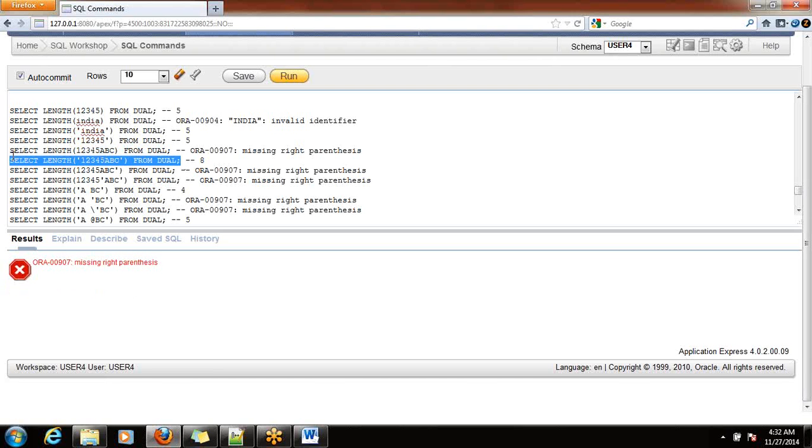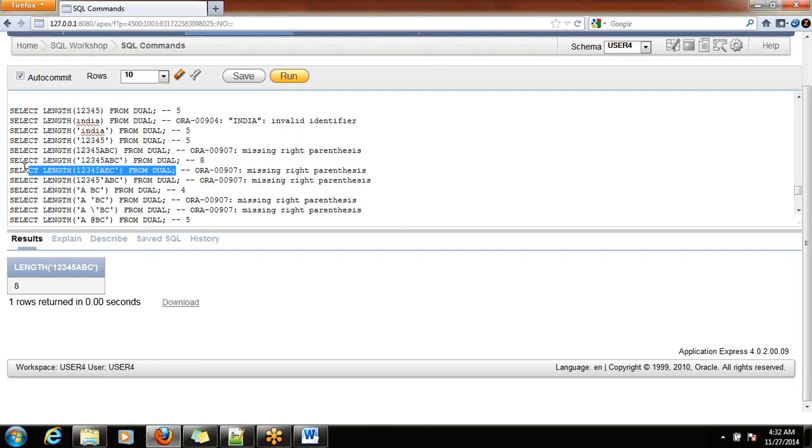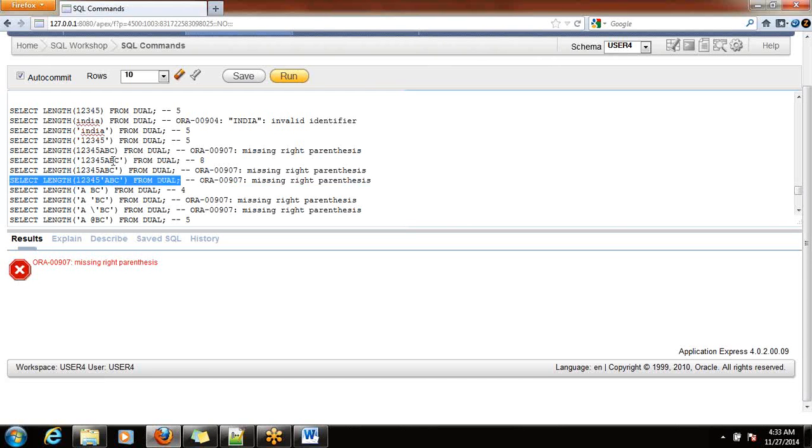Now it gives 8. And here you can see I just mentioned one single quote. That's an error, of course. And I mentioned here some digits and some characters, and this is also an error. And here you can see A space BC I wrote.